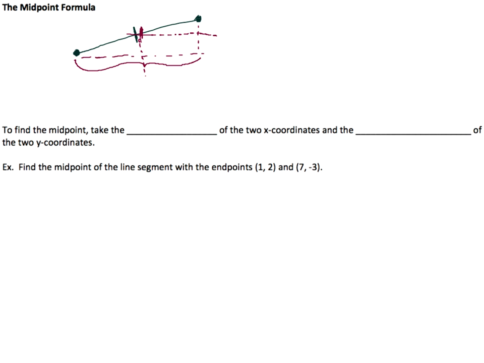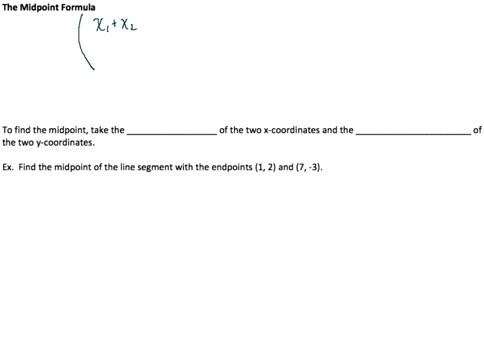So here's how you do it in the formula. The formula is exactly what I just said. To average numbers, you add them up and divide by however many you have. So to get your x coordinate of your midpoint, you add your x values. There will always be 2 of them since you're trying to find the midpoint of a line segment.